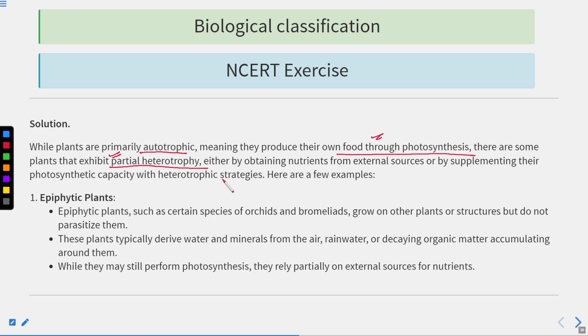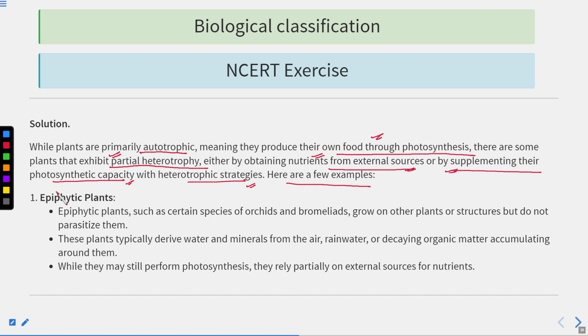They exhibit this phenomenon either by obtaining nutrients from an external source or by supplementing their photosynthetic capacity with heterotrophic strategies. So here are some of the examples.